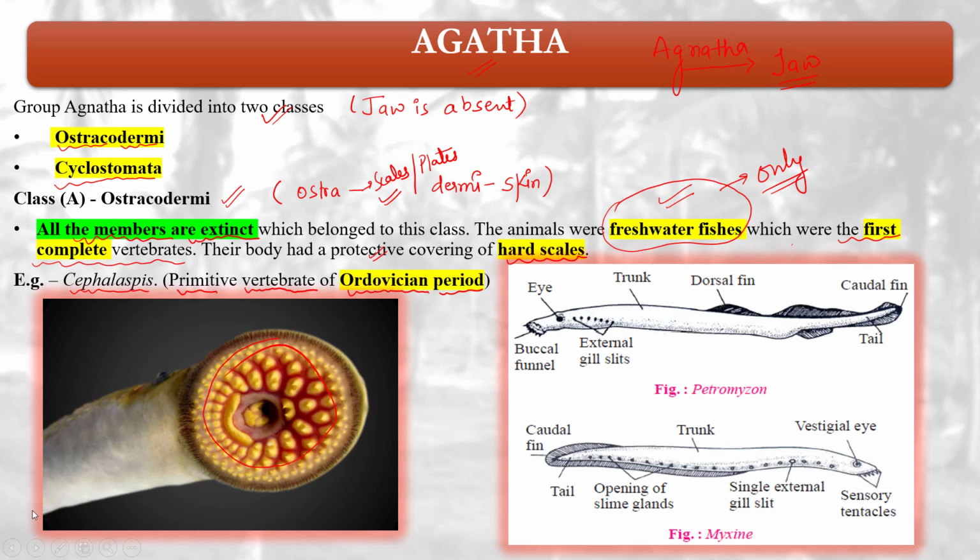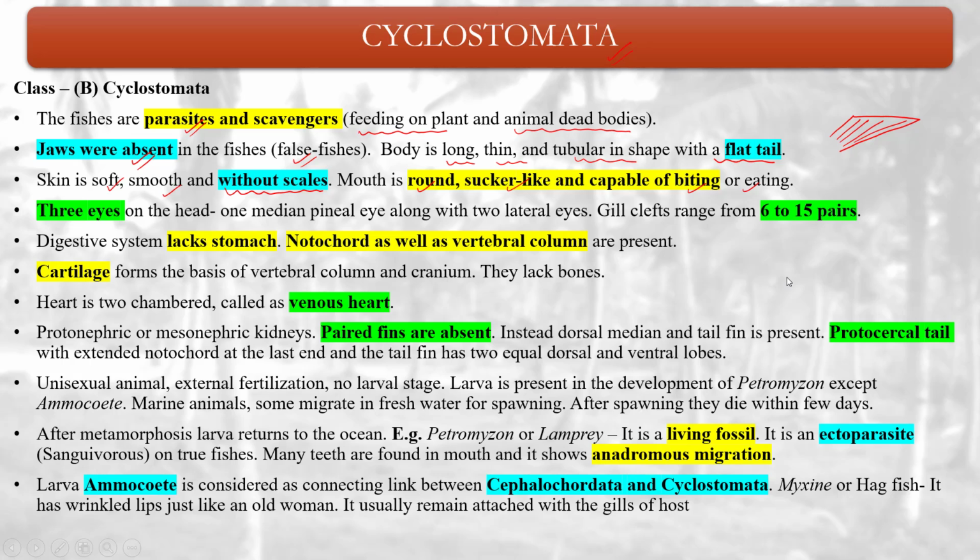Mouth is round, sucker-like and capable of biting and eating. They have 3 eyes on the head: 1 median pineal eye along with 2 lateral eyes.